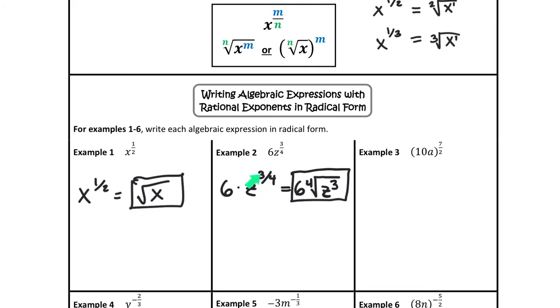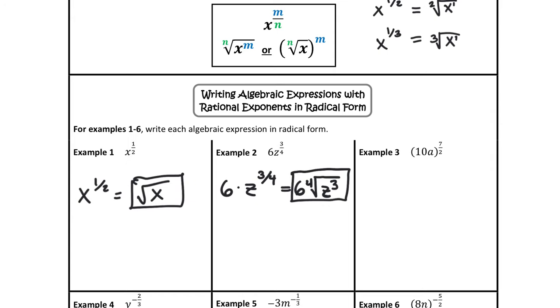So again, the top number, the 3, goes inside. So it's z to the power of 3. And then the bottom number goes outside of the root, in front of the root. Okay. Now, in this case, the fraction exponent is covering the 10 and the a. Remember in number 2, the exponent was only covering the z. This time it's covering both of them. So both the 10 and the a are going to go inside the root.